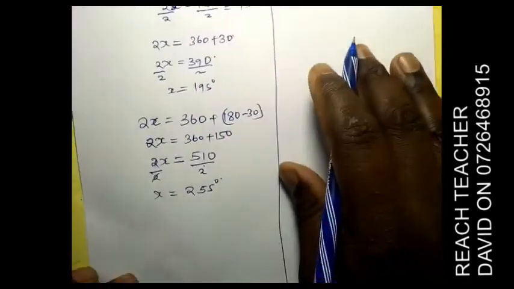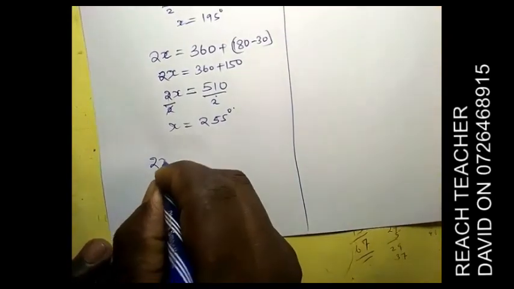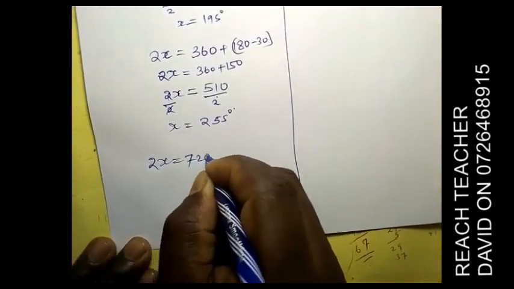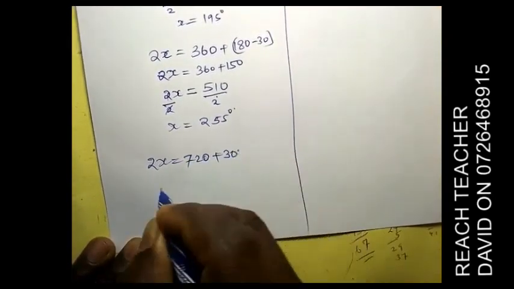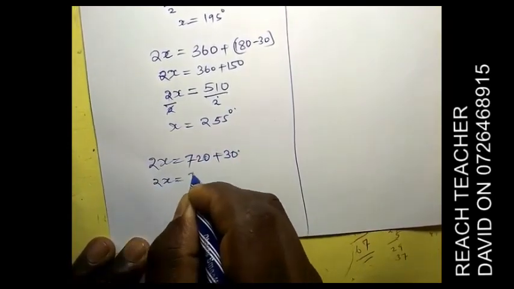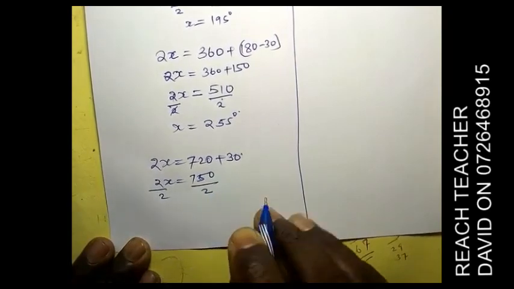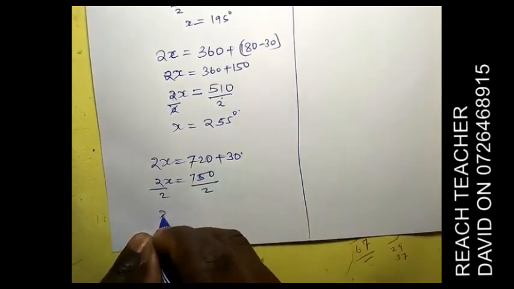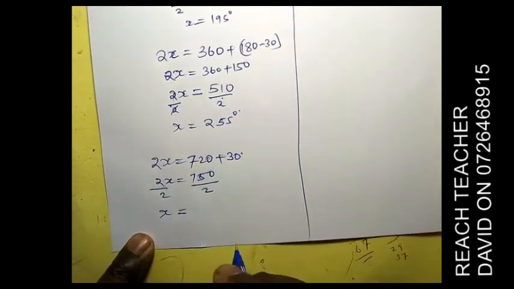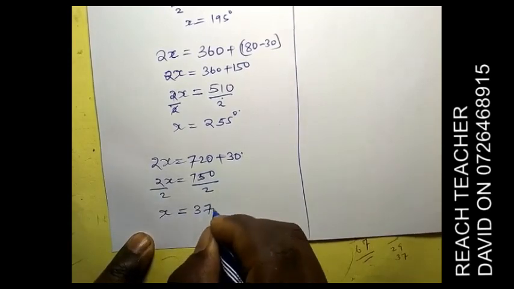Now we will have 2x equal to 720 plus 30. So 2x equal to 750. Divide by 2, that is x equal to 375.